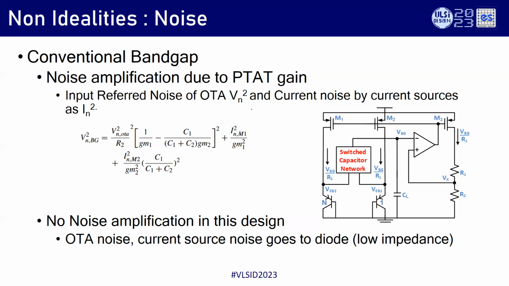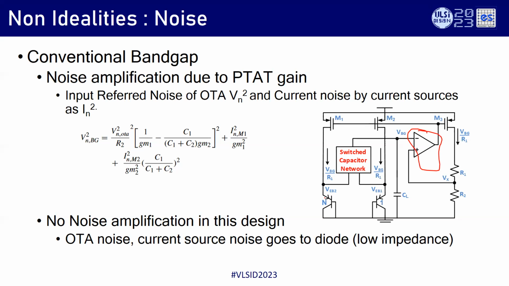And these are some noise expressions, which are derived. One important takeaway is the OTA has no influence here, as I said, because there is no amplification. Also, the noise of these two current sources goes to low impedance nodes and is not amplified.